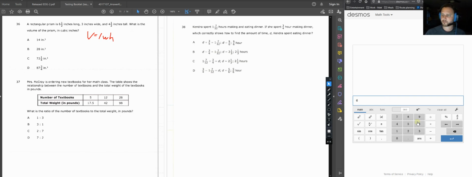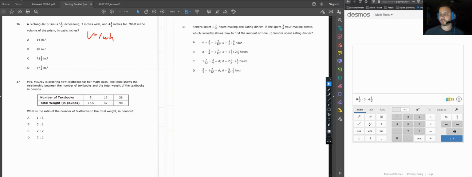So 6, click the fraction button, and 1/2. Click out of the fraction, because we're done with it, times 3 inches, times 4 1/2. There we go.